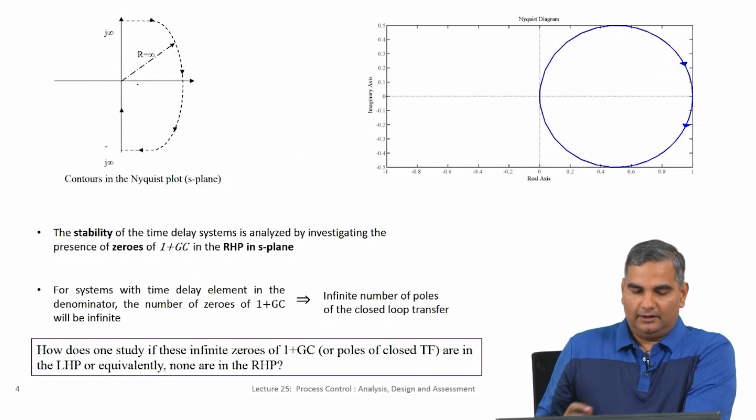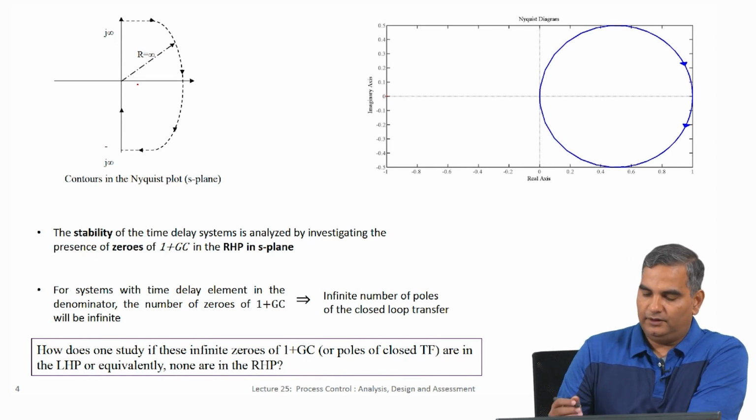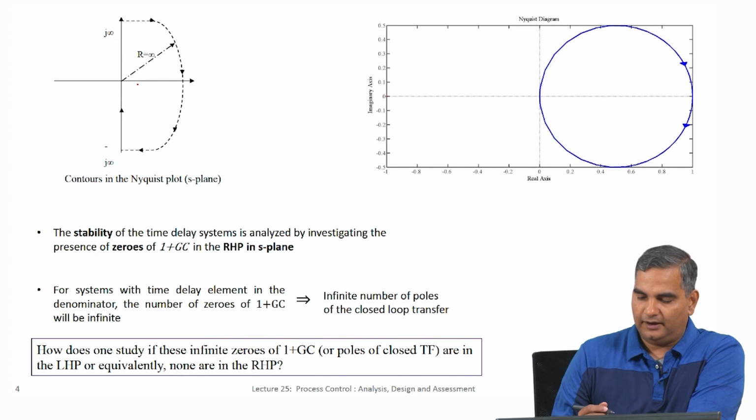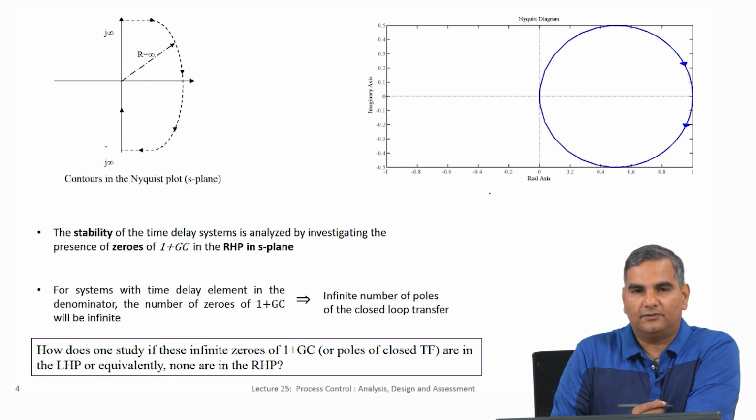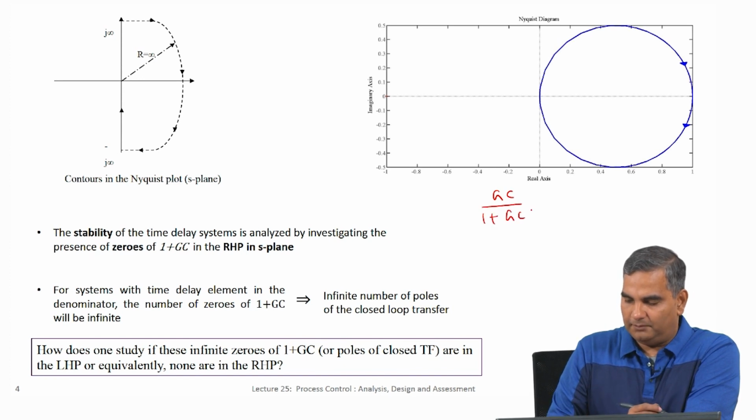Okay. When it comes to the control system, the way we are going to use this is the following. Let us say we have a closed loop transfer function, and we are looking at its stability. So basically we are looking at GC by 1 plus GC, something you have seen many times.